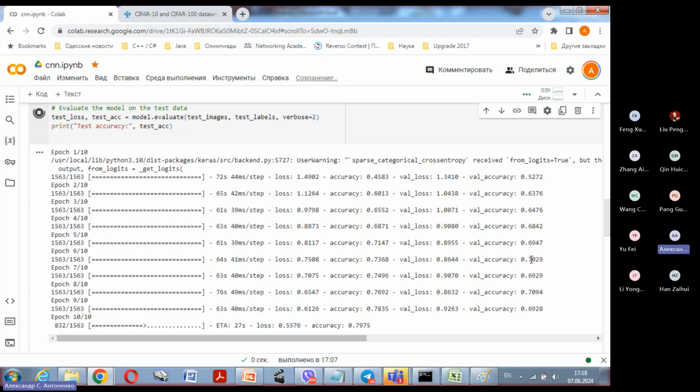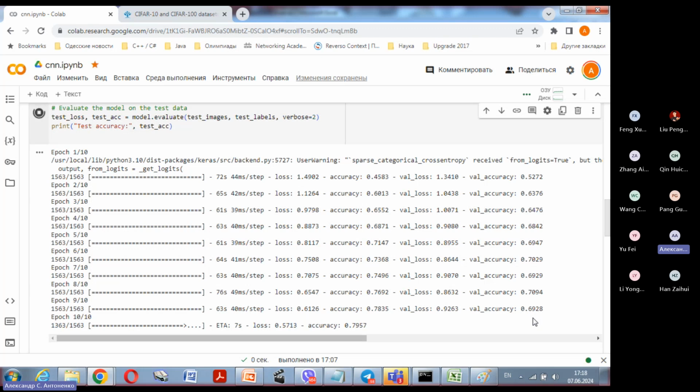But then, unfortunately, it stabilizes. So it's like overfitting, maybe not very big overfitting, but you can see that accuracy increased on training data, but on test data, it is not increasing.